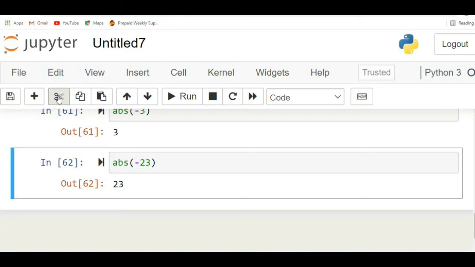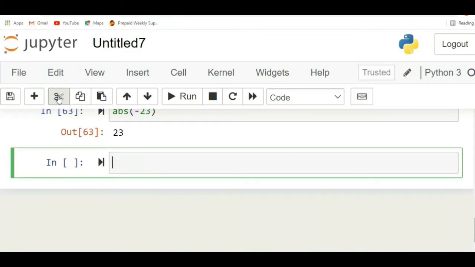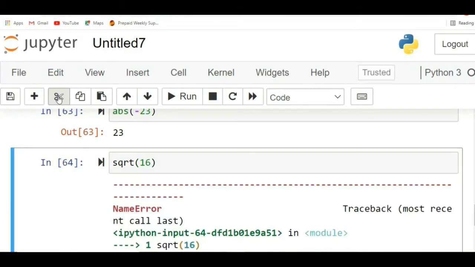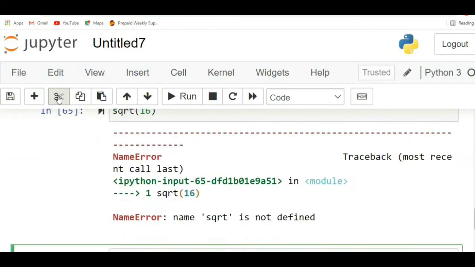And since we have talked about absolute, how to add, subtract, multiply, raise to the power, now square root, SQRT, inside the parenthesis you shall write 16. Control and enter, and what will you get? Yes, you are not getting any result, because Jupyter notebook is not working in this case.